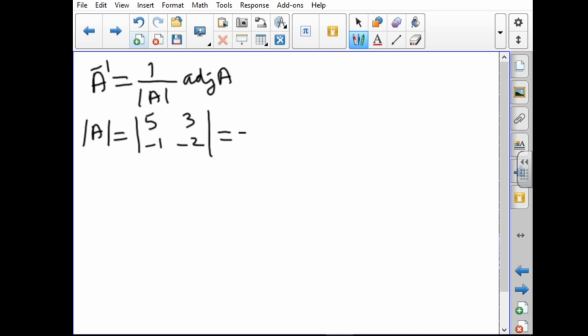So it is equal to minus 10. We multiply this, then minus of this. So minus 10, minus of minus, so plus 3, which is equal to minus 7, not equal to 0. A inverse exists.